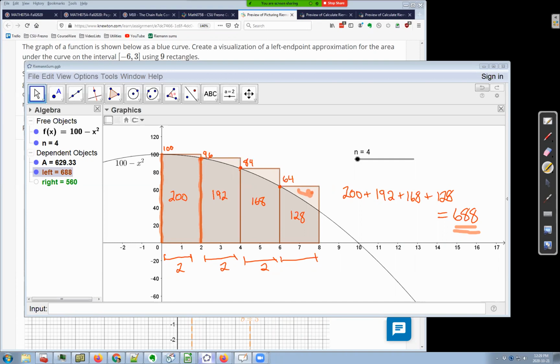So the rectangles have too much extra. But at least it's close, or it's in the ballpark. That again is more information. At the beginning we had no idea what the area under the curve was, but now we know that it's less than 688. And so this is a Riemann sum, but this one we're going to call a left Riemann sum.